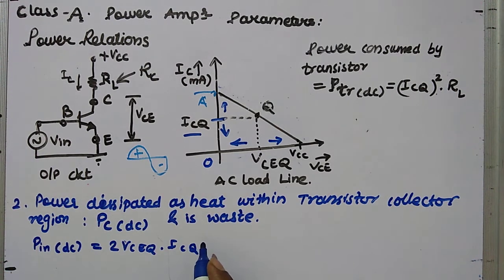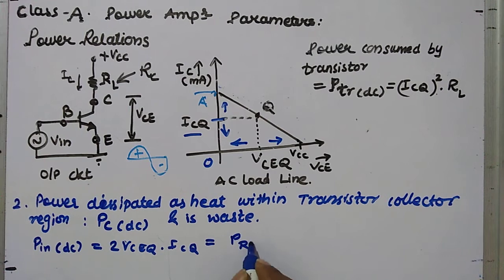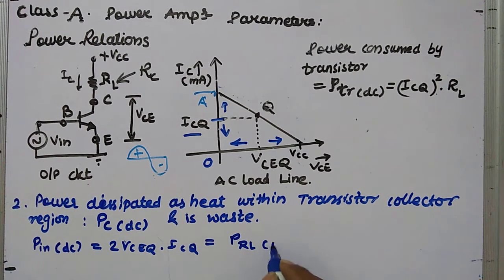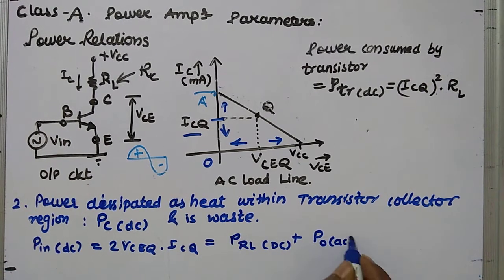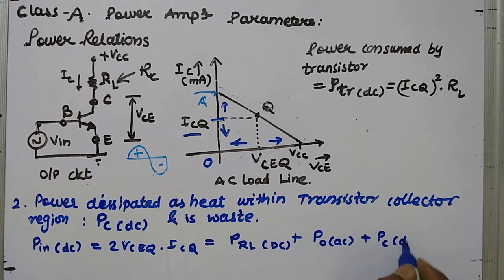We will put the values like this: PRL DC plus PO AC plus PC DC.